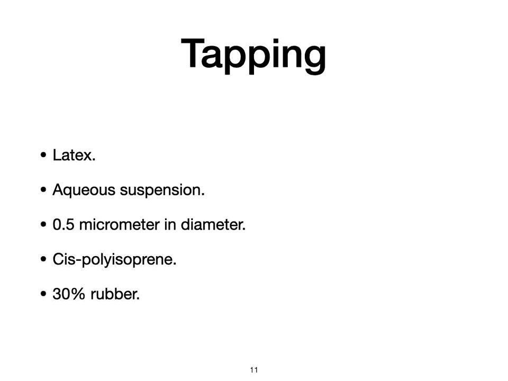The latex consists of an aqueous suspension of small particles, only about 0.5 micrometer in diameter, of cis-polyisoprene, a linear rubbery polymer of high molecular weight. The rubber content of the suspension is about 30%.